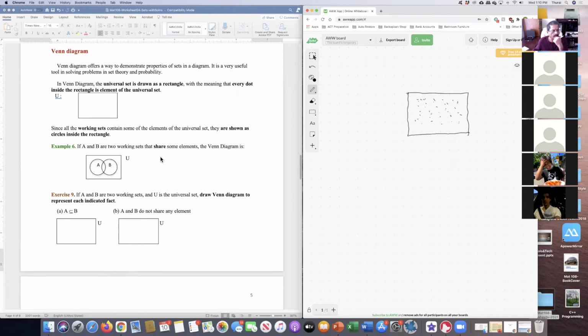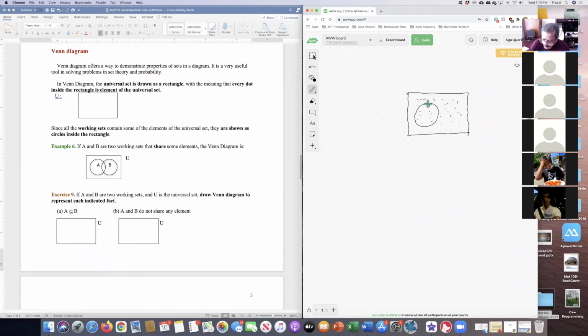Any set that we are going to work with will be a subset of the universal set. So we use a circle inside this rectangle. This circle represents a set I'm dealing with. Every working set is going to be a circle inside the rectangle because they're all going to be subsets of the rectangle.